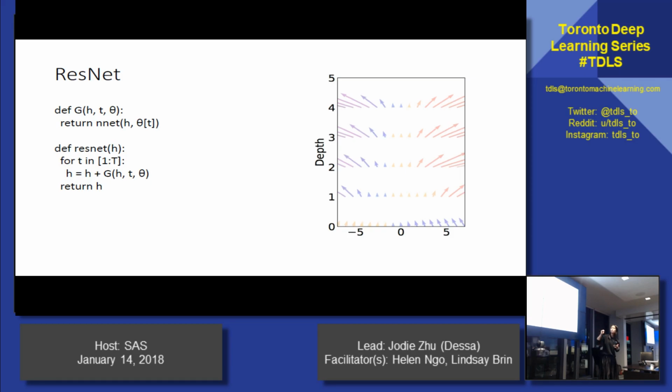Given the function, we run through each of the depths and update the state, which is called h(t+1), and we return the state. So that's how you're looking at it. You can see we do 5 evaluations to the output, so you're getting h0 to h4.